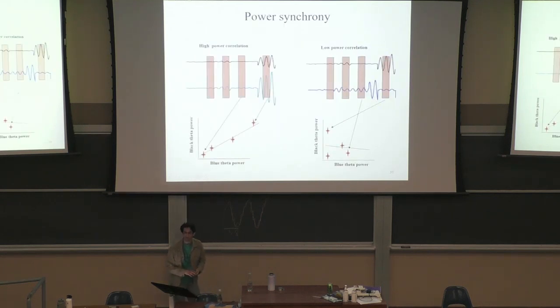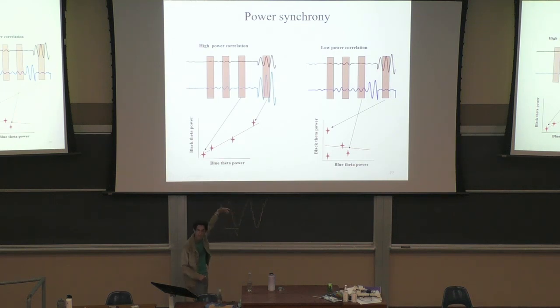To do that, we use a measure called synchrony, a kind of power correlation. Basically, if you have electrical signals from two regions, this black region and the blue region, and you have high power correlation, then whenever the blue signal's oscillation is big, the black signal's oscillation is also big, so they are very positively correlated.